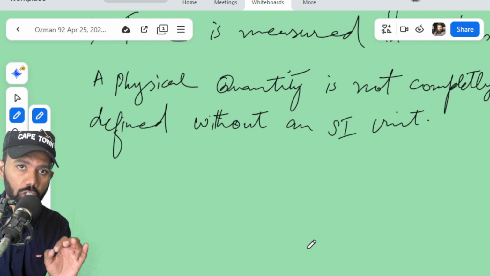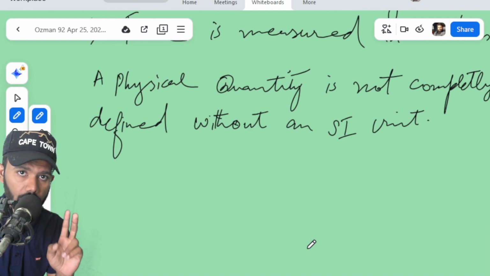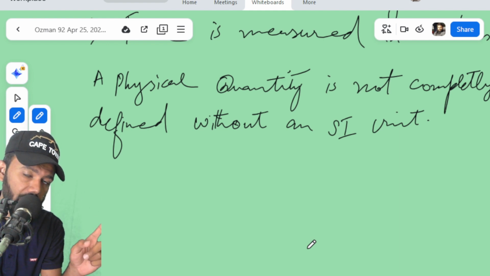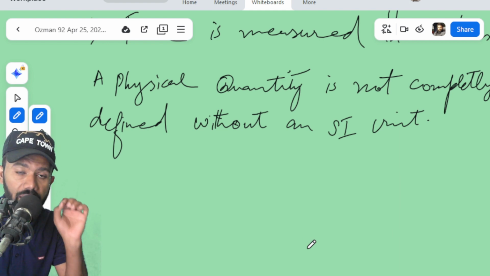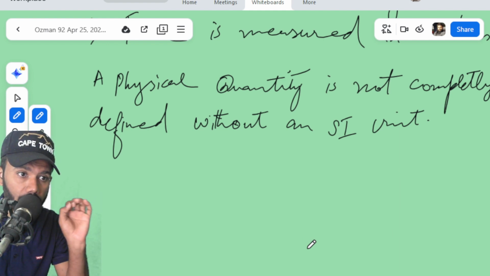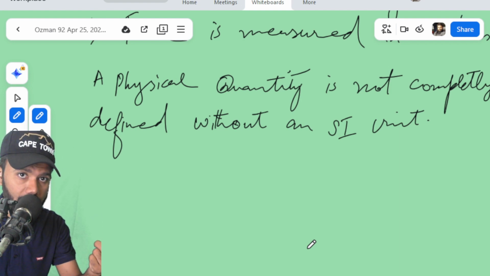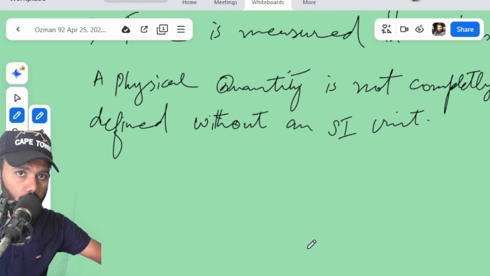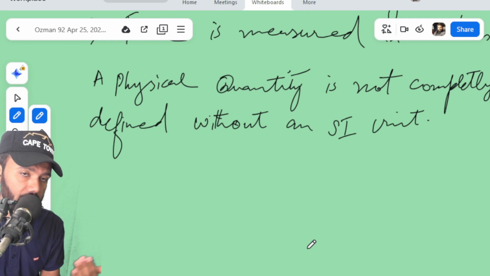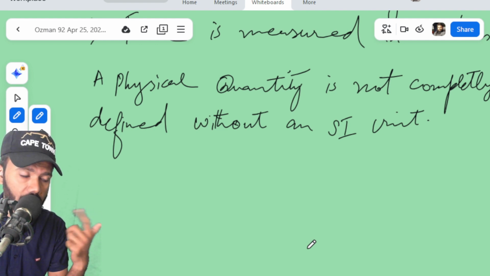As I have mentioned, a physical quantity possesses two features, numerical value and SI unit. So a physical quantity can never be completely defined without an SI unit, right? Later on, I'll explain what is SI unit and how we define SI unit and how we associate any quantity with that SI unit.